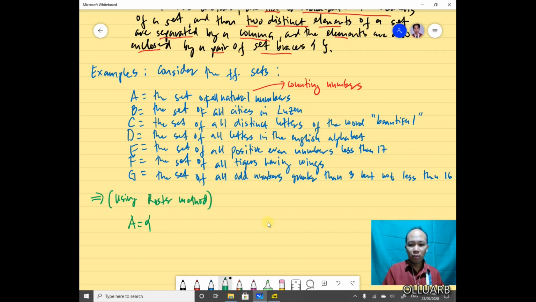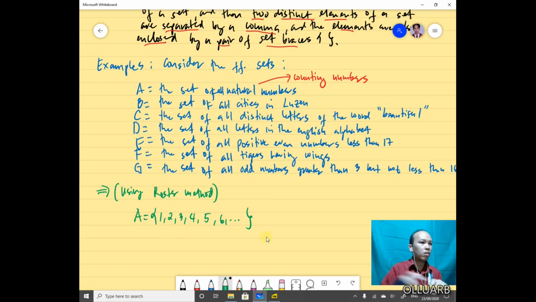You cannot say 0, 1, 2, 3. No, you cannot do that. When you count something, you say 1, 2, 3, 4. So this is 1 comma 2 comma 3 comma 4, and so on and so forth. As you can see, the objects are separated by a comma, and since there are infinitely many counting numbers, we cannot list all of them. We write this notation, three dots.